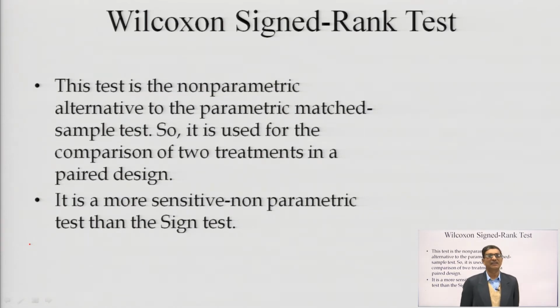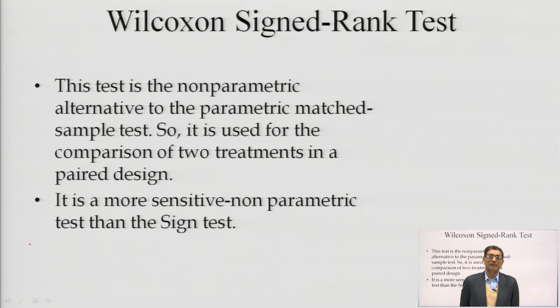We can say it is the alternative of the paired t test. It is a more sensitive non-parametric test than the sign test. So, remember the Wilcoxon sign rank test is generally used when we have paired data.